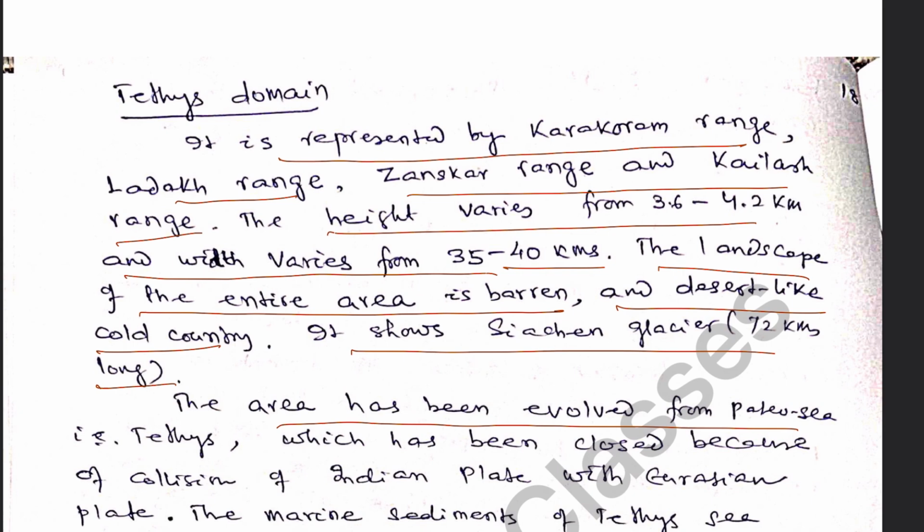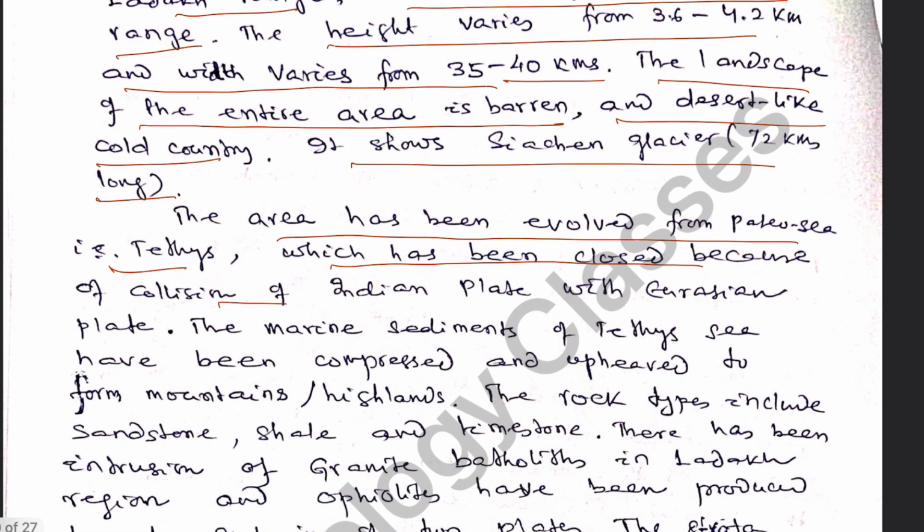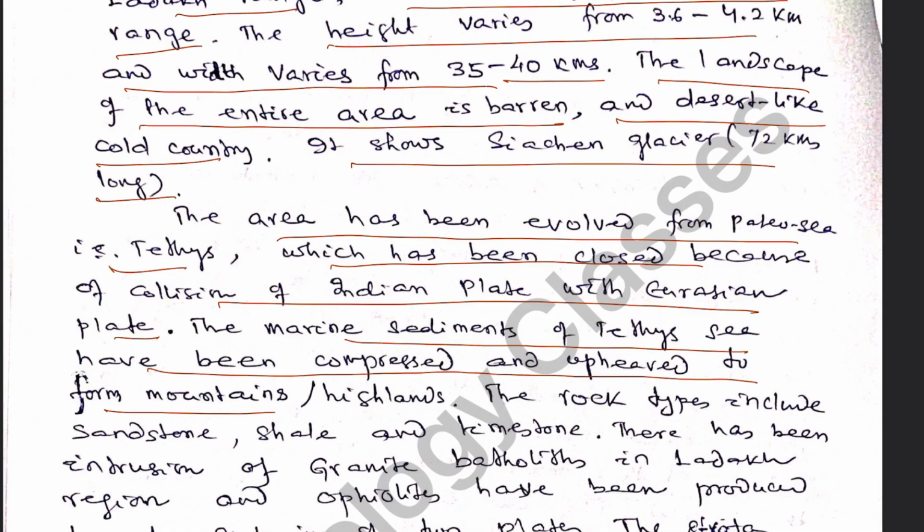The area has evolved from the paleo sea, that is Tethys, which was closed because of the collision of the Indian plate with the Eurasian plate. The marine sediments of the Tethys Sea have been compressed and upheaved to form the mountains or highlands of this Tethyan zone.